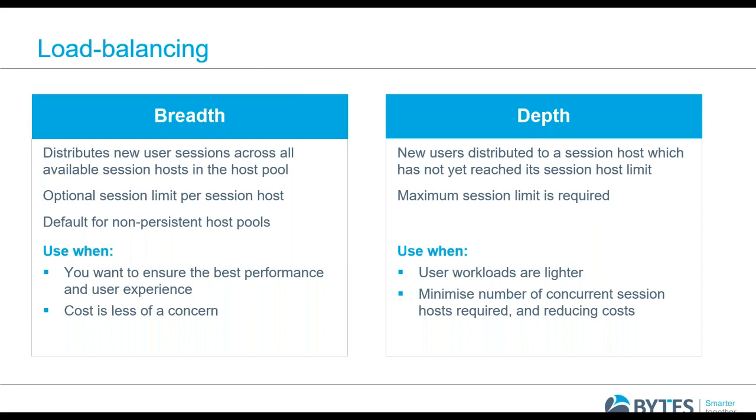With the host pool, there are two different ways of doing load balancing: breadth and depth. The breadth load balancing algorithm will attempt to distribute users to the least used virtual machines in the host pool. This will ensure the best possible user experience and performance by making sure that the fewest number of users are attached to any particular virtual machine.